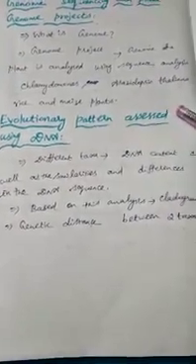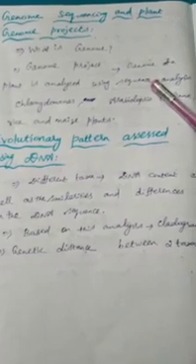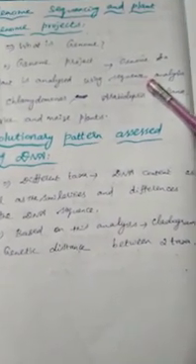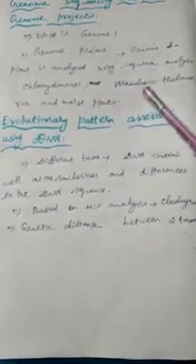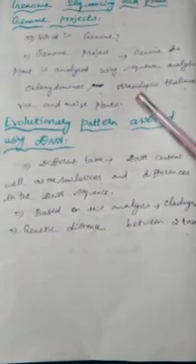That is the genome project. Genome projects have been undertaken in Chlamydomonas, Arabidopsis thaliana, rice and maize. The genome project has been undertaken in these four plants.